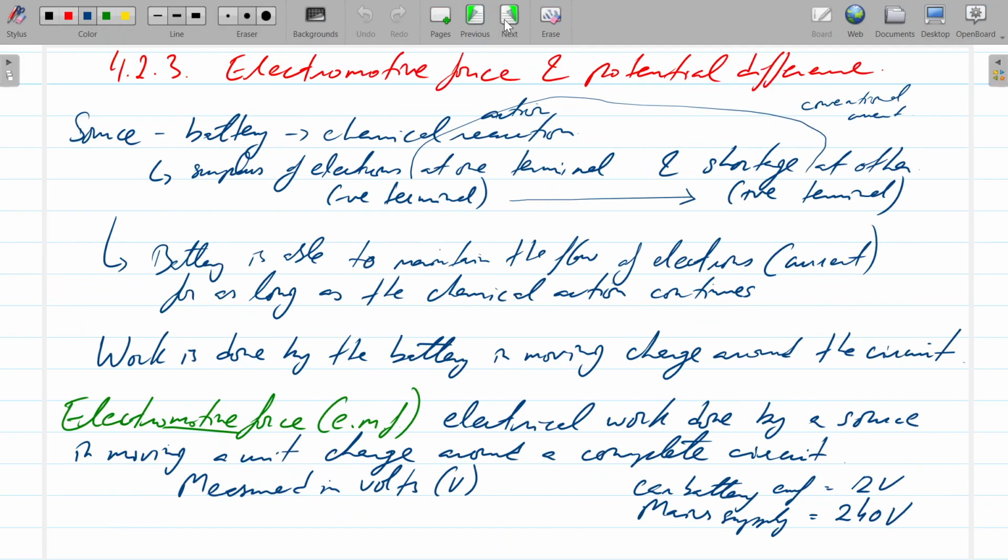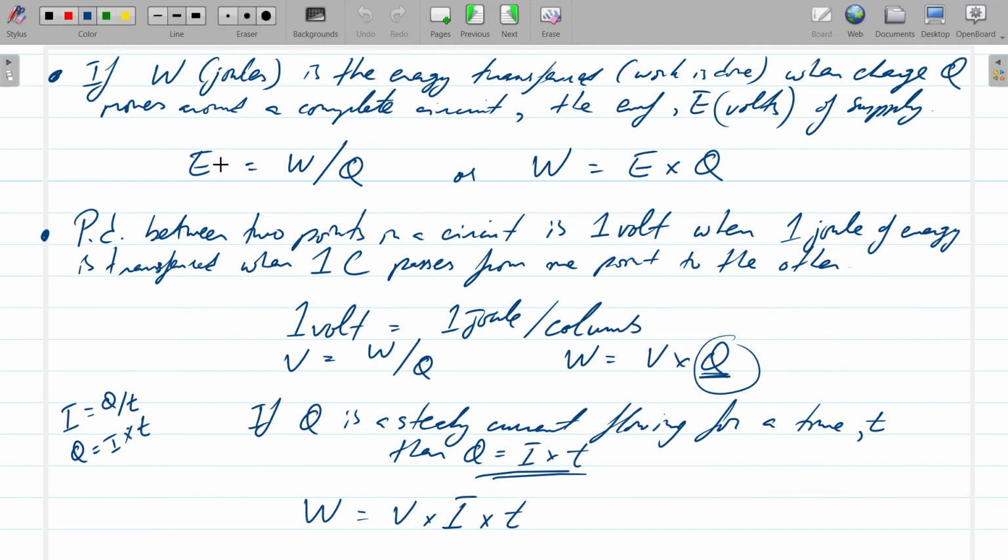We had E, which is the electromotive force. It depends on what the subject is, we're just moving around with the symbols, so you just focus on one of them. E, electromotive force, equals W over Q, which is work done divided by charge.